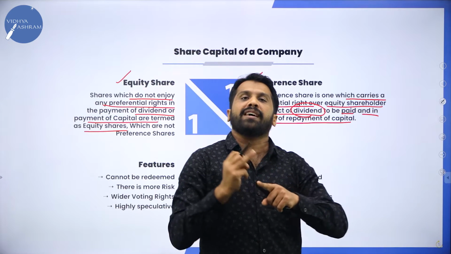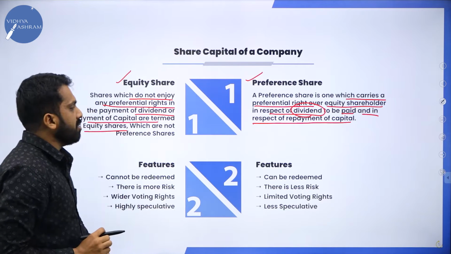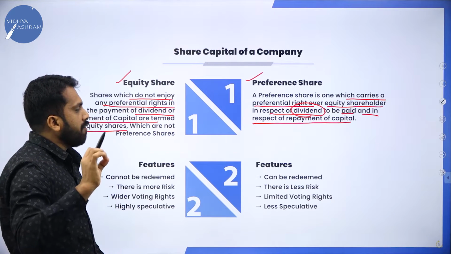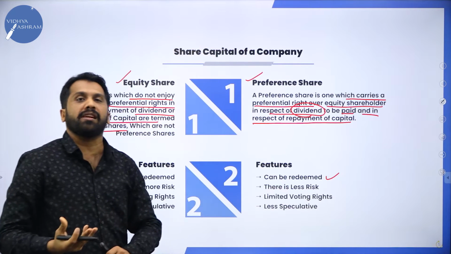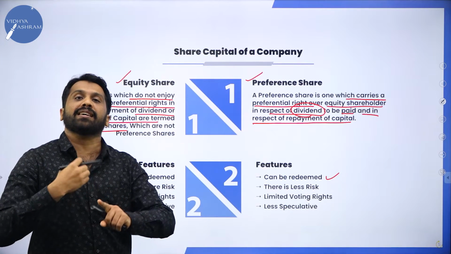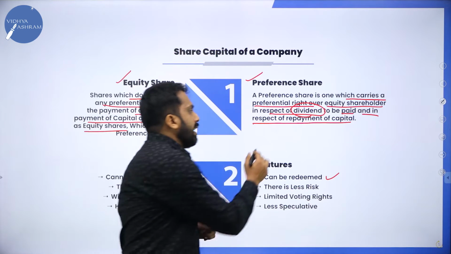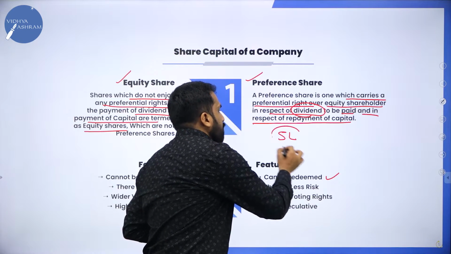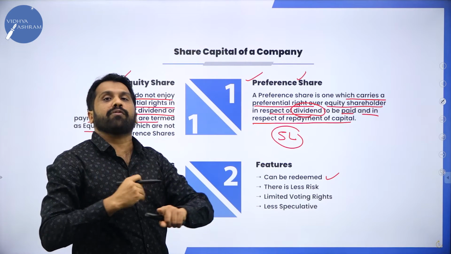Now, if they ask for 1 or 2 marks, what are the features? Features are, in case of preference, they can be redeemed. What do you mean by redeemed? Redeemed means taken back. The company has taken 5 lakh from preference shareholders, and that can be repaid after 5 years.